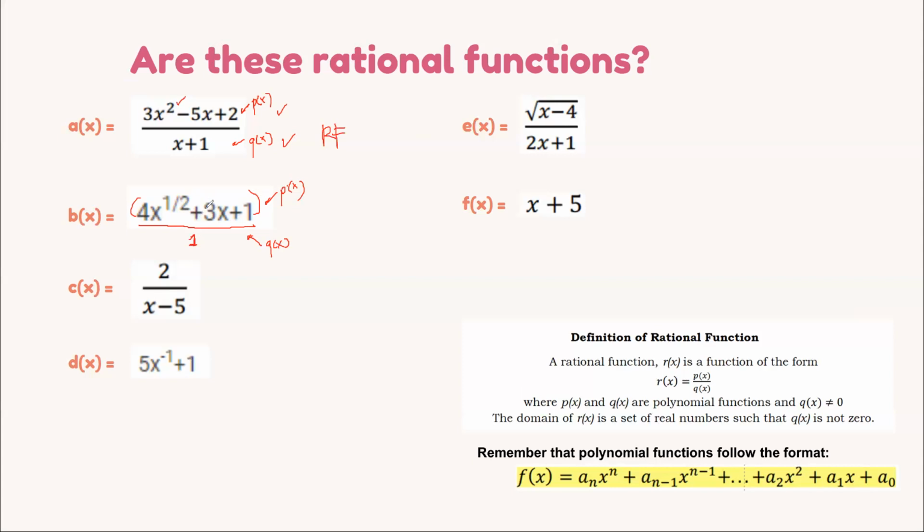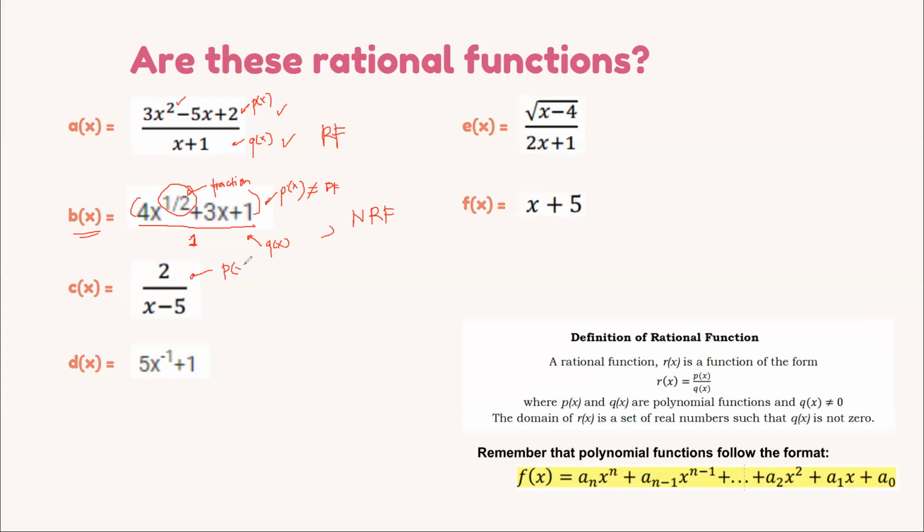So does P of x satisfy the definition of polynomial functions? Of course not, because there is a fractional exponent. So since P of x is not a polynomial function, the whole expression of B of x is not a rational function. So, what about this one?